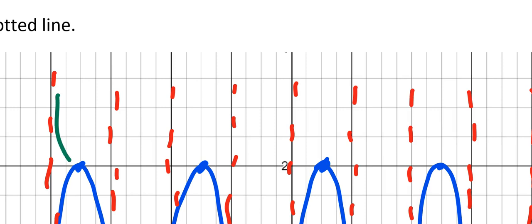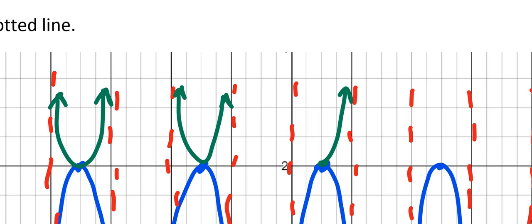Now, why in the world am I describing it as a fake parabola? Yes, it will touch the tops of every one of those hills, which is why it's really important for you to know the amplitude of the function so that you can get that point in the right spot.